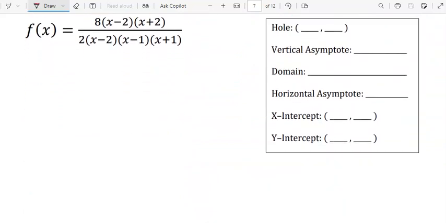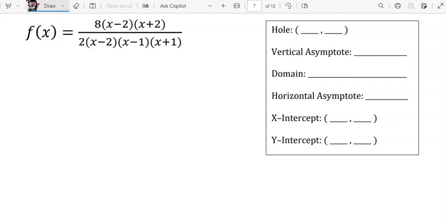f(x) equals 8 times (x minus 2)(x plus 2) all over 2 times (x minus 2)(x minus 1)(x plus 1). Okay, let's simplify. 8 over 2 reduces to 4 over 1. The x minus 2's cancel out. So now we can find our hole. Set x minus 2 equal to 0. x equals 2.